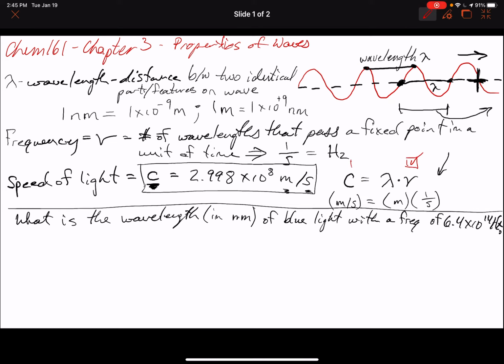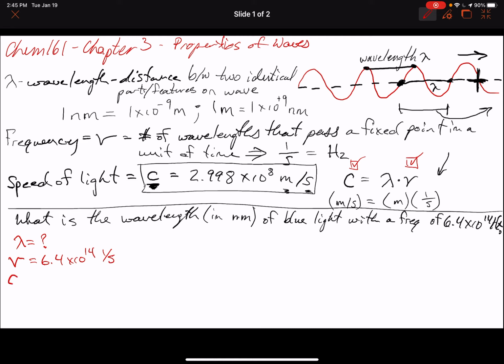We know c is a constant, so this is a one equation, one unknown approach. We need to determine lambda, so that is our approach. We'll use the given information that nu is equal to 6.4 times 10 to the power 14, I'll write it in the per second format there.